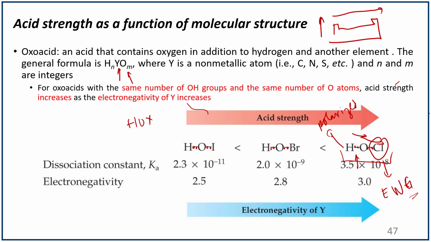Now the same thing can be said for HOBr. Bromine will still pull electrons from oxygen, sure, but that pull of electrons is not as much as chlorine's, which basically makes the pull of oxygen on hydrogen a little bit less than if that oxygen was connected to a chlorine instead of a bromine.